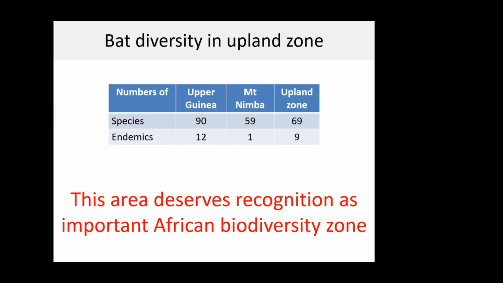So that upland area, which doesn't even have a name because it is not recognized as an important area, is a very important area for the conservation of African bats.